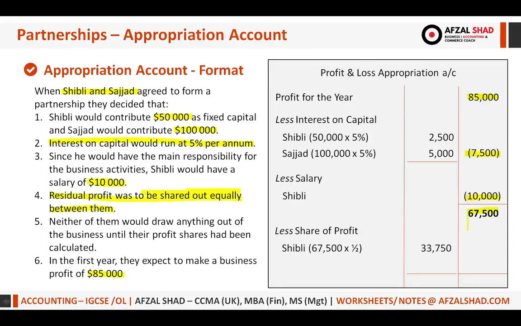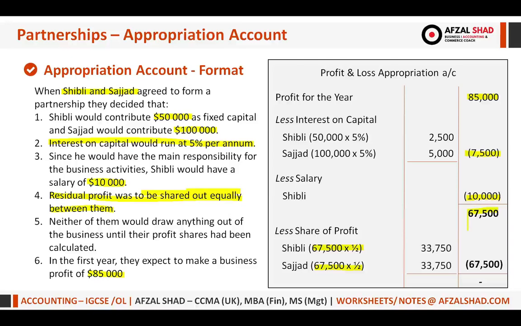This 67,500 was distributed, half of 67,500 for Shibli, and half of 67,500 for Sajjad, 33,750, and this amount was split between both of the partners, right?